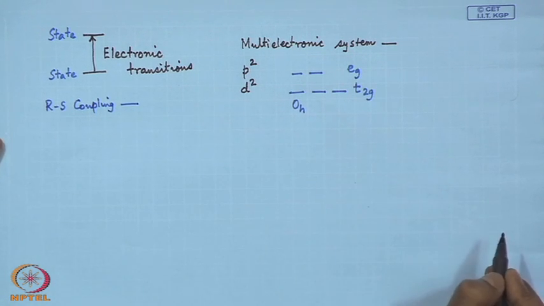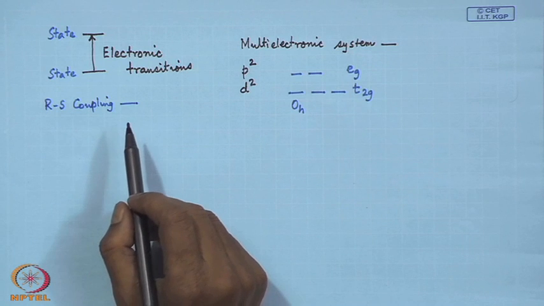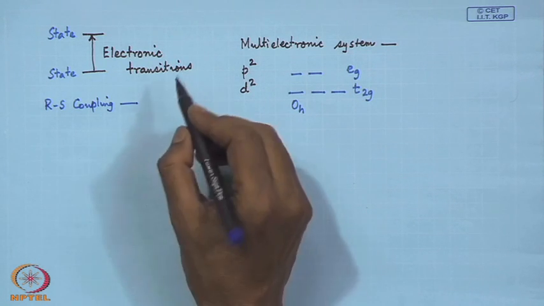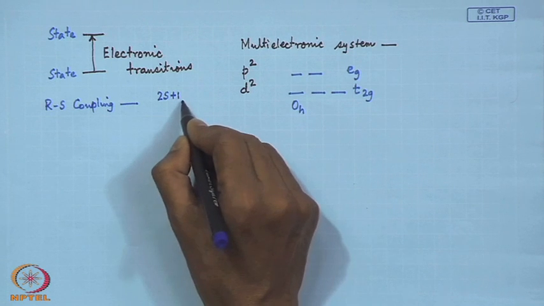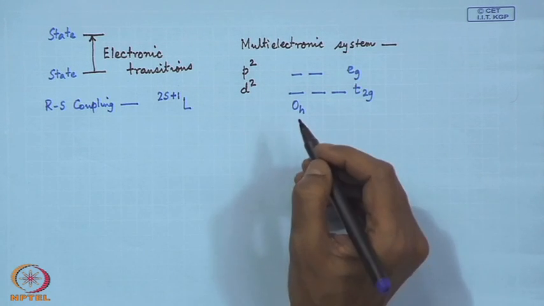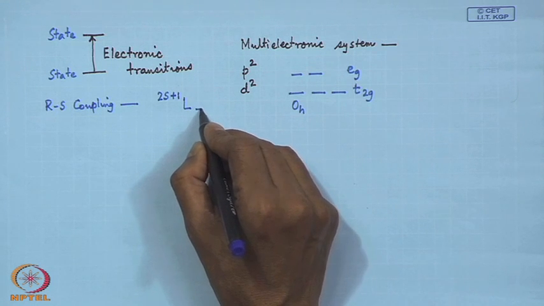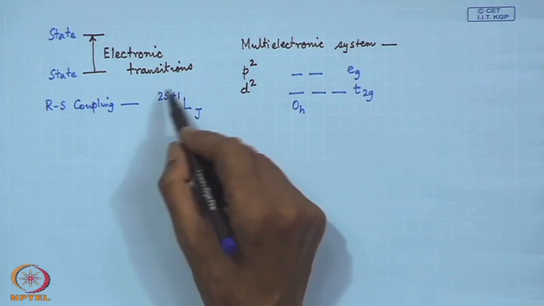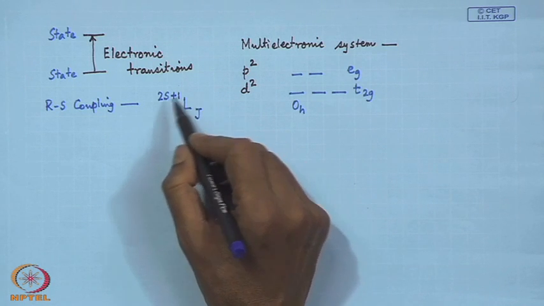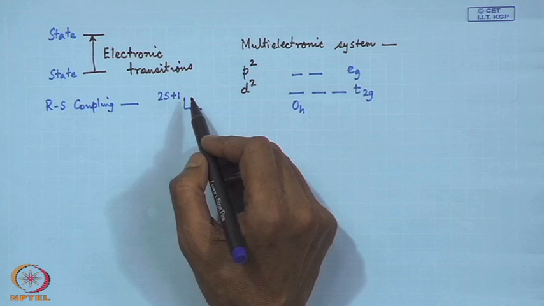Due to that coupling we can find a particular state which can be defined nicely in terms of its corresponding spin values and the orbital angular momentum values and the corresponding spin orbit coupling values. So, these are the three quantities which can nicely define a particular state.